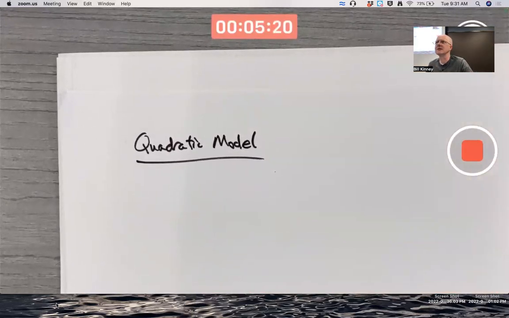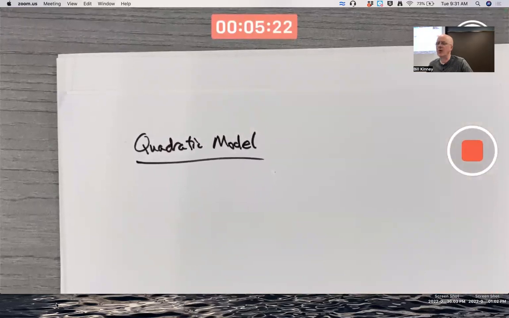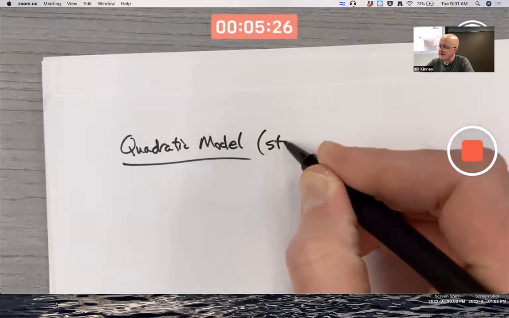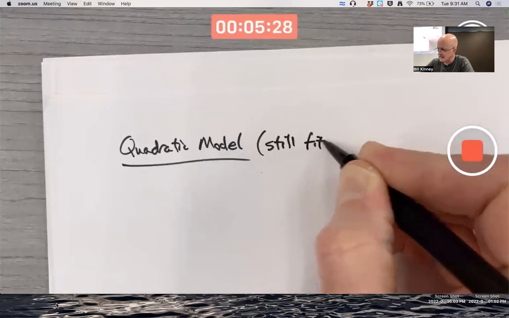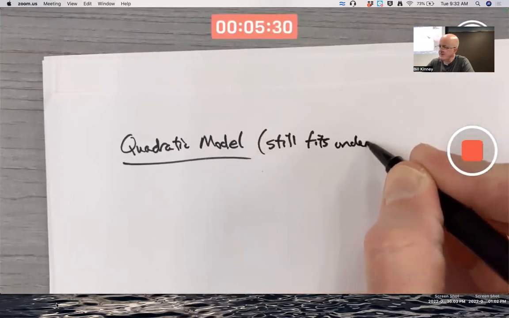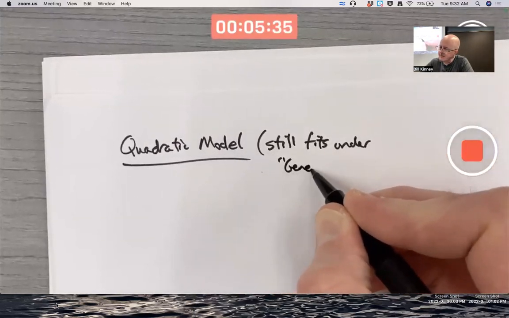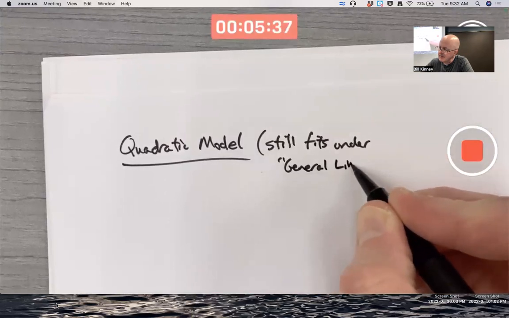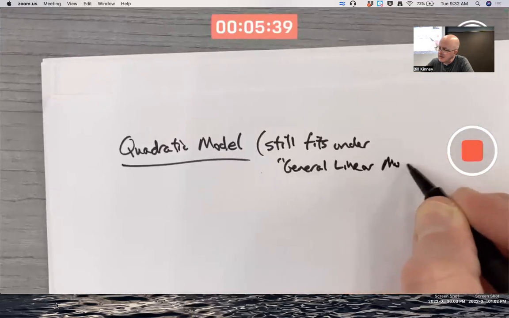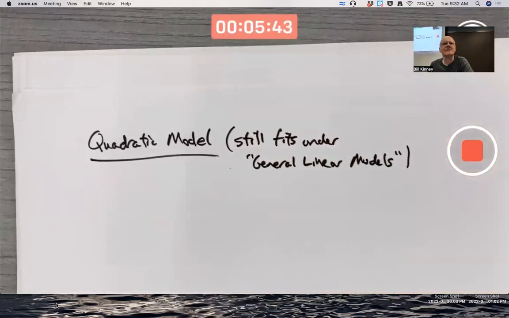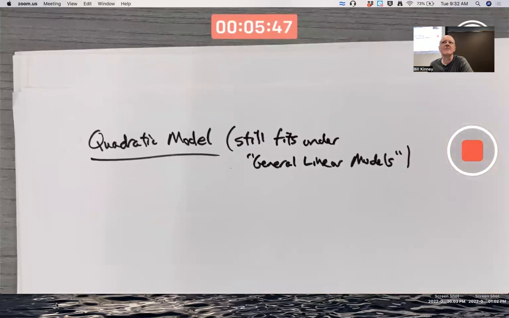And you ask, how can that be if it's quadratic? This still fits under what are called general linear models, even though it's going to be a quadratic model. How can that be? We have to see how that works itself out.